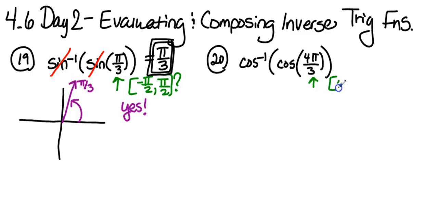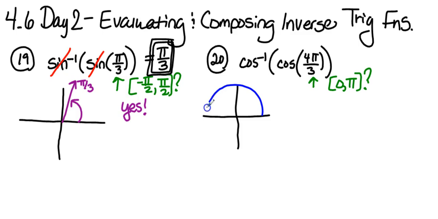And in class we reviewed that it is 0 to pi, meaning I need to check, does this given angle, 4 pi over 3, fall somewhere from 0 to pi, or the upper half of the unit circle?